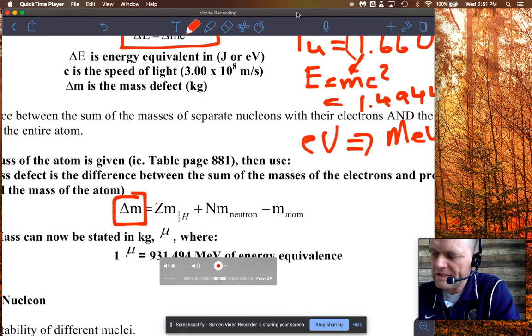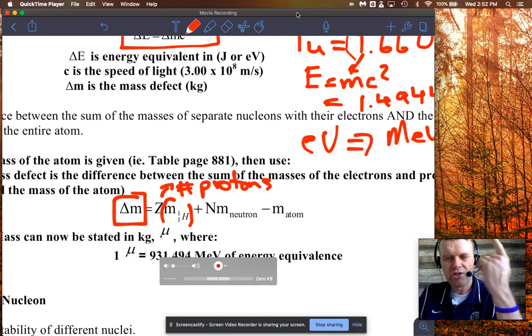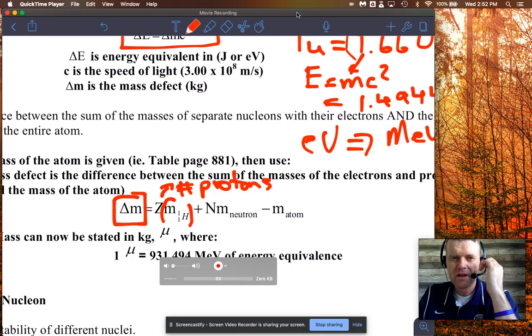So in this formula, delta M is the change in mass, or the mass defect. It's equal to Z, the number of protons inside it, multiplied by the mass of 1-1H. 1-1H is just hydrogen. Hydrogen has 1 proton and 1 electron.